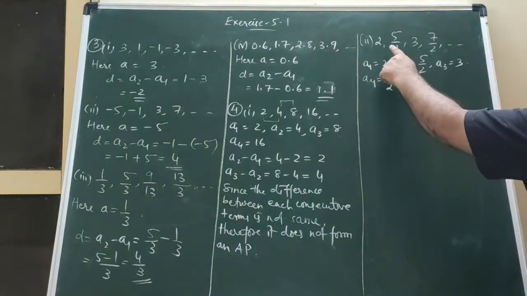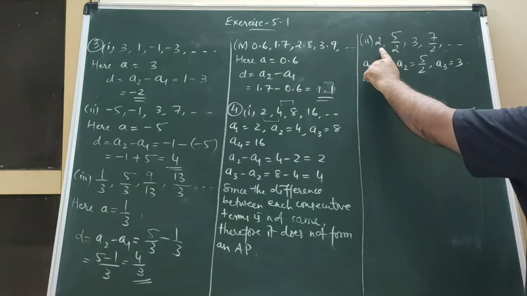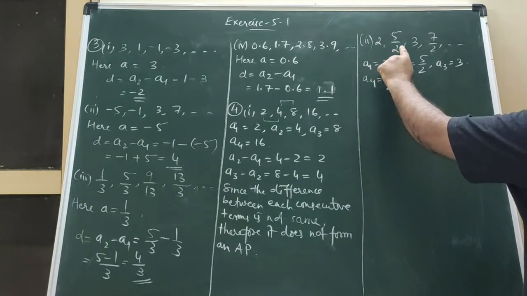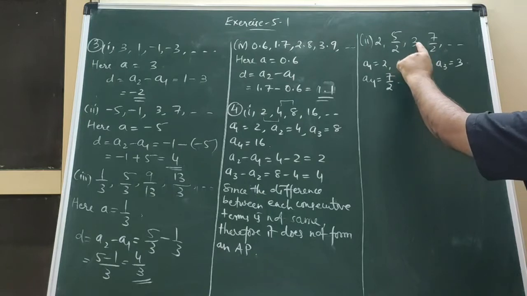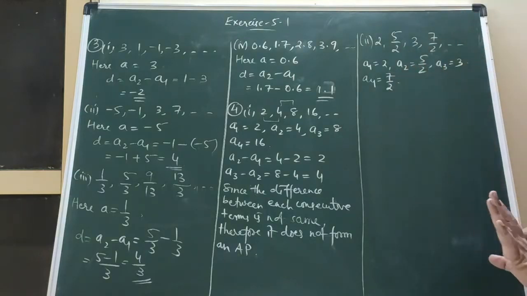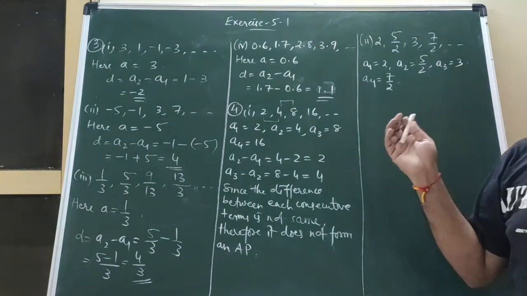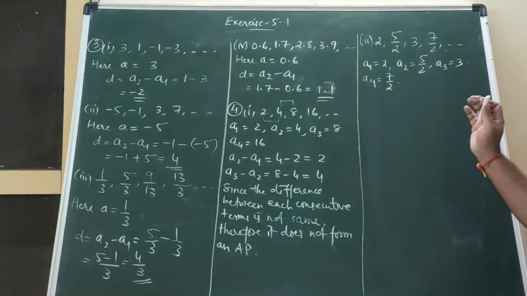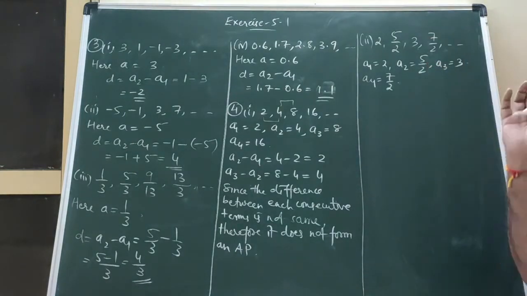If you see carefully, here half keeps increasing. 2 plus half is 5 by 2, 5 by 2 plus half is 3, 3 plus half is 7 by 2. Right? So we can write directly that since each term is obtained by adding 1 by 2 to its preceding term, therefore it forms an AP.